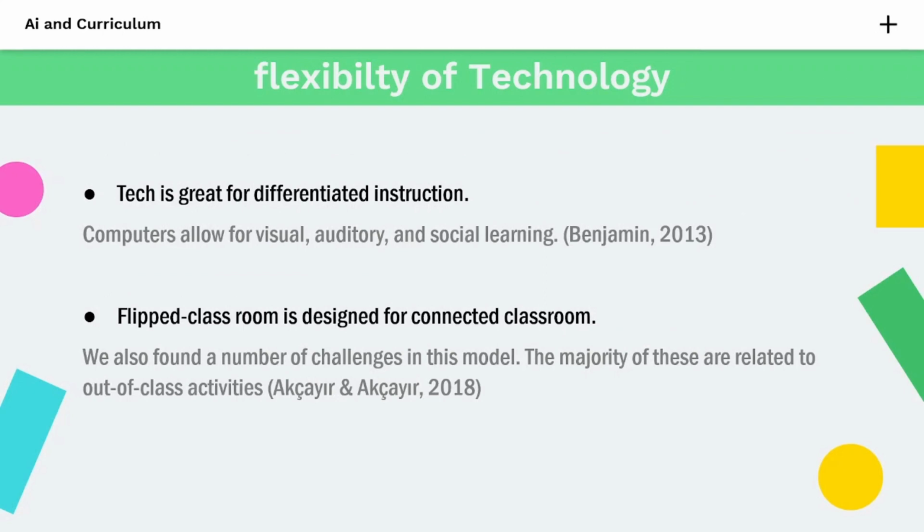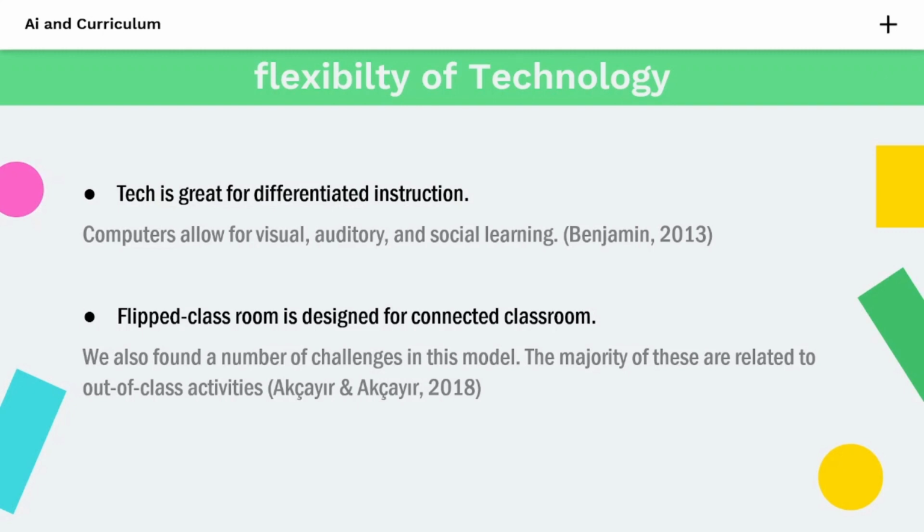Flexibility of the technology: as always, technology is designed to be tailored to our needs and be flexible. So technology is great for differentiated instruction. Computers allow for visual, auditory, and social learning.